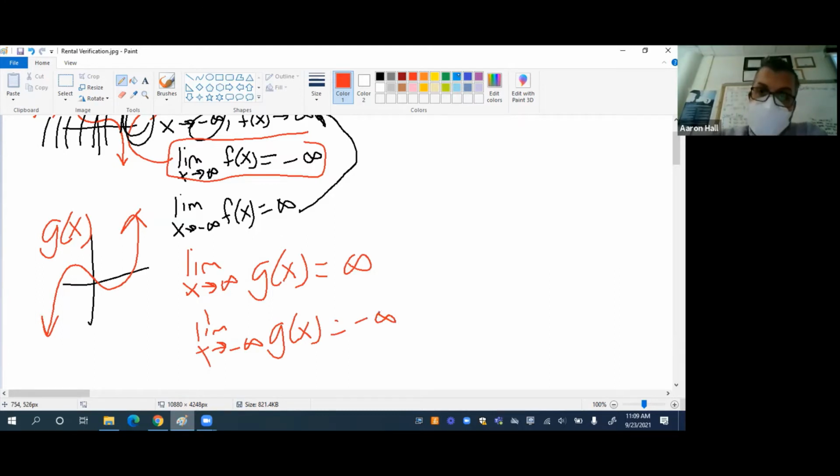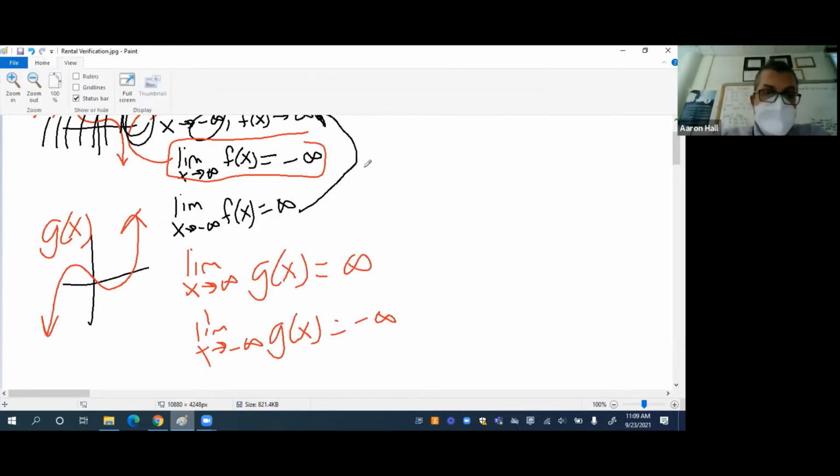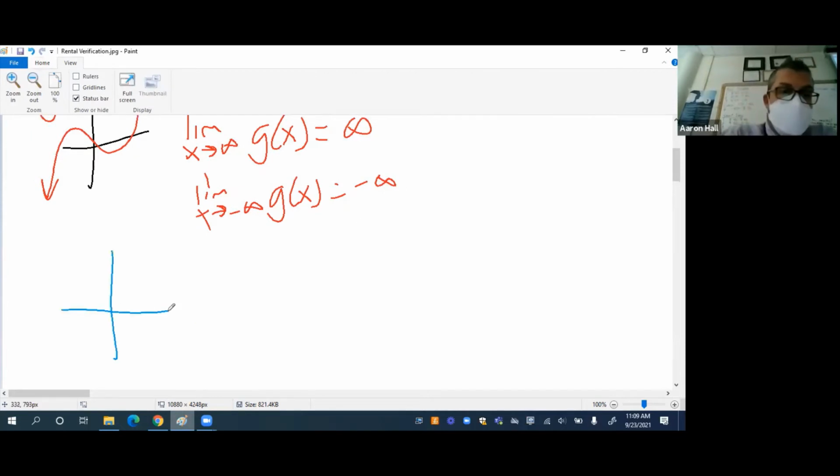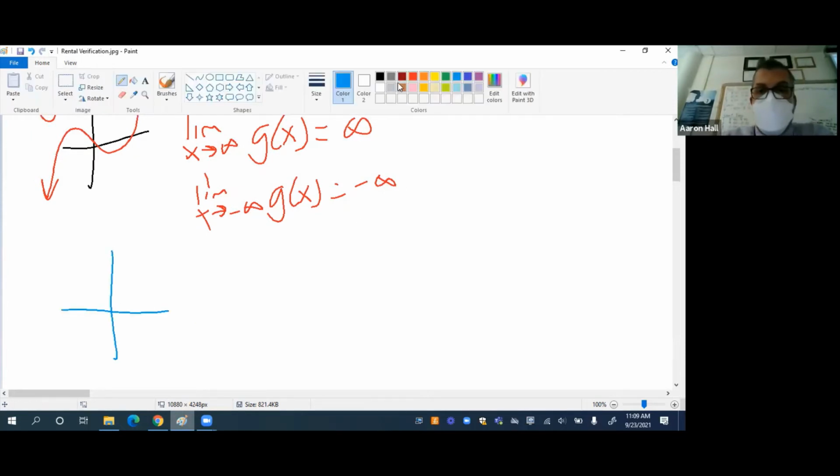What if I have something like this? What kind of function is this? What function family does this belong to? It's exponential. Yep.